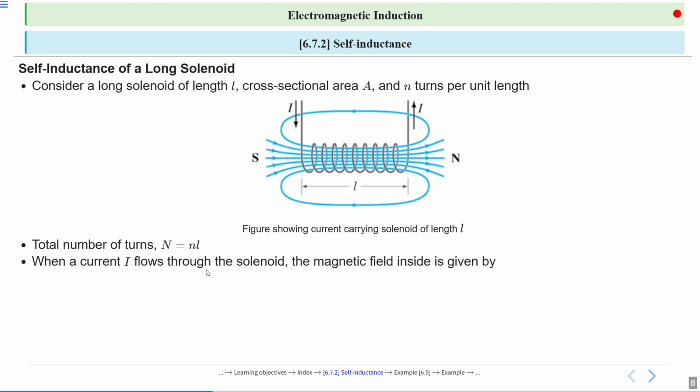When a current I flows through the solenoid, the magnetic field inside is given by B equal to mu naught n I. That we already know: for a long solenoid, the magnetic field inside is given by mu naught n I, where I is the current flowing through it and small n is turns per unit length.